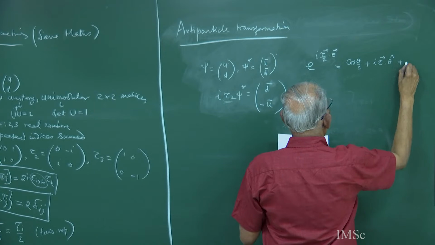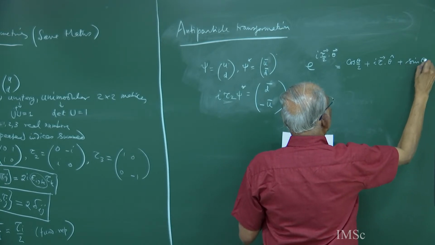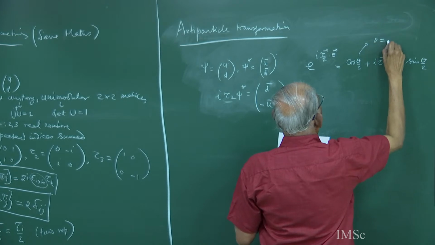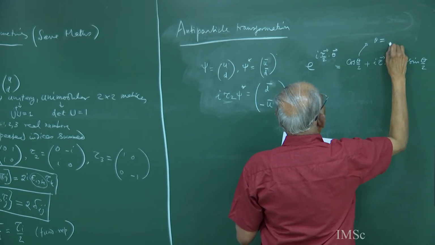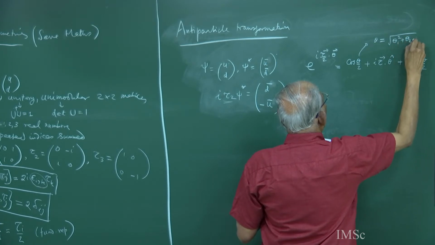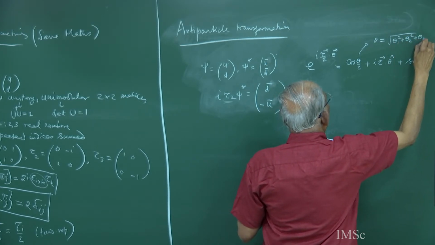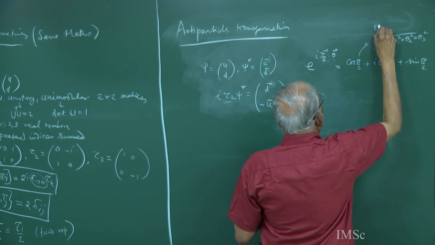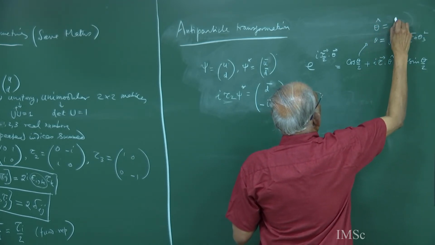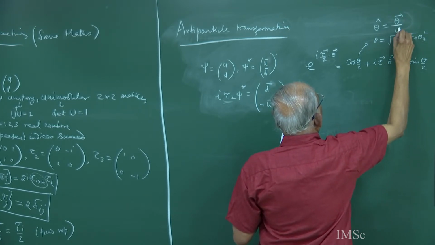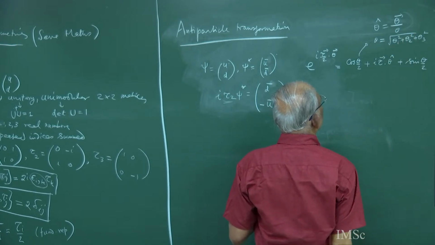I will define these quantities, where theta is defined as the magnitude of the vector theta, and theta unit vector is theta vector divided by the magnitude. That is the way a unit vector is defined.